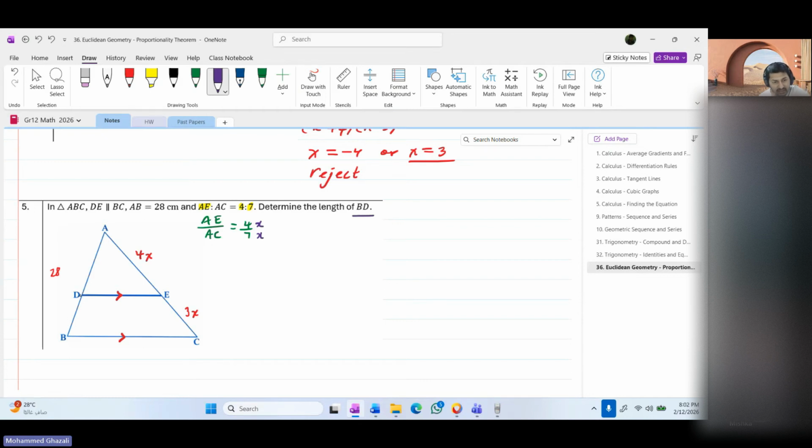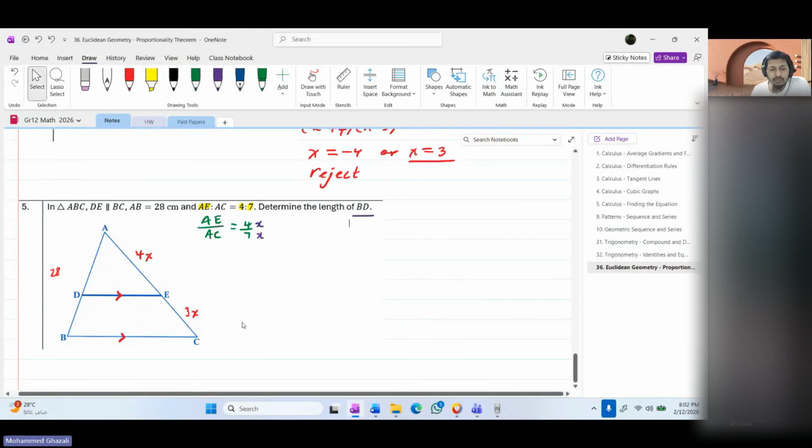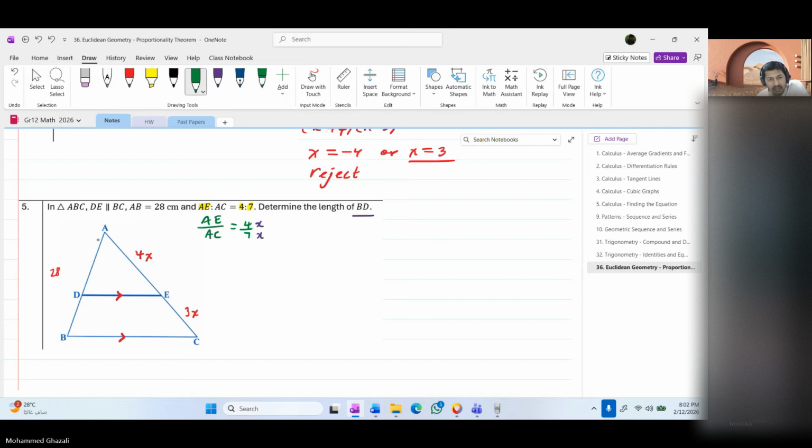Now, what is the length of BD? So we're going to say BD over AB. Now, in the proportionality theorem, it's not only this distance over that distance is equal to AE over EC. It's also AD over AB equals AE over AC, or CE over CA equals BD over BA. All the possible combinations around the parallel lines, okay?